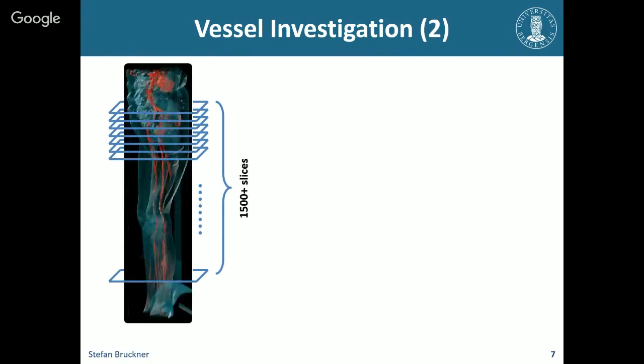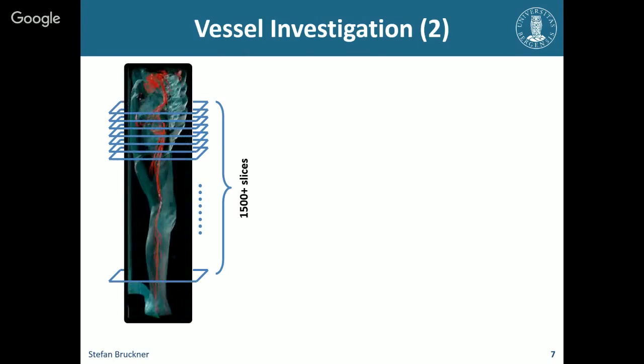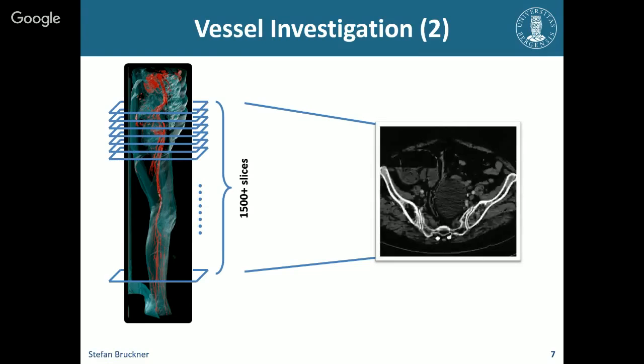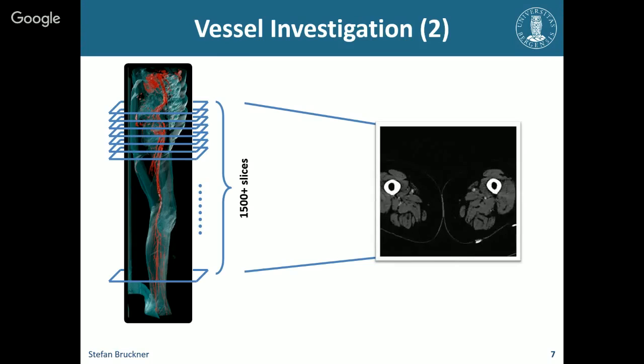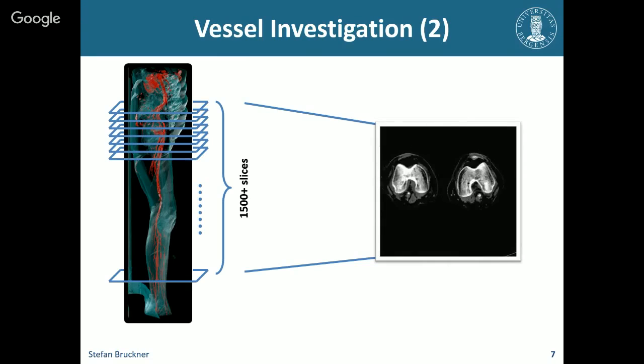Just to give you an example, a typical CT scan, in this case a CT angiography scan that uses a contrast agent, has around 1,500 slices if acquired for this purpose. The very basic way to investigate this data is to scroll through all these slices. That's what the radiologist does: clicks forward and looks at all these slices.